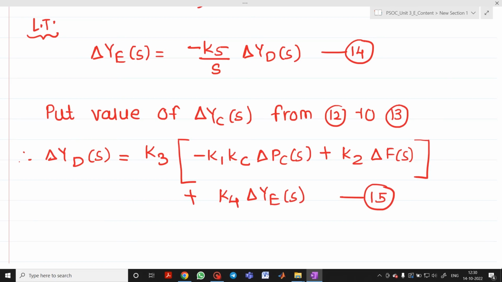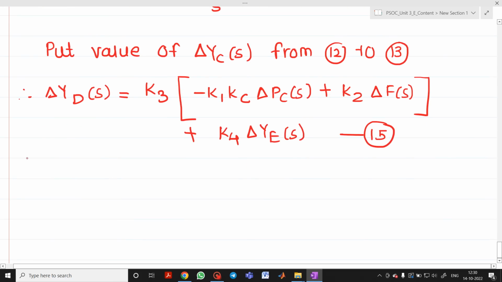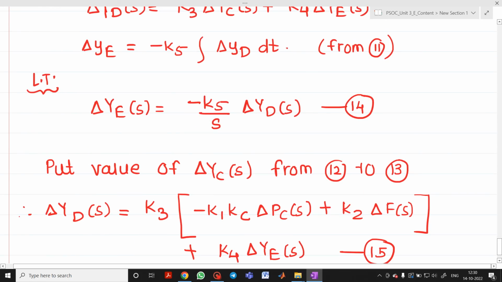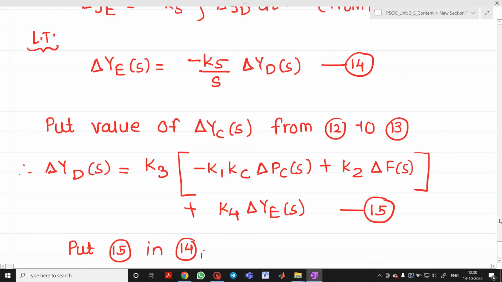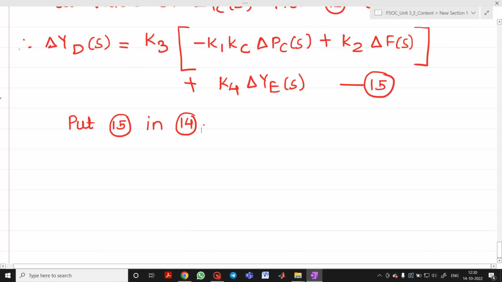Now what will I do? I will put equation number 15 into the previous equation, that is 14, delta ye of S. So delta ye of S will be equal to minus k5 upon S as it is.